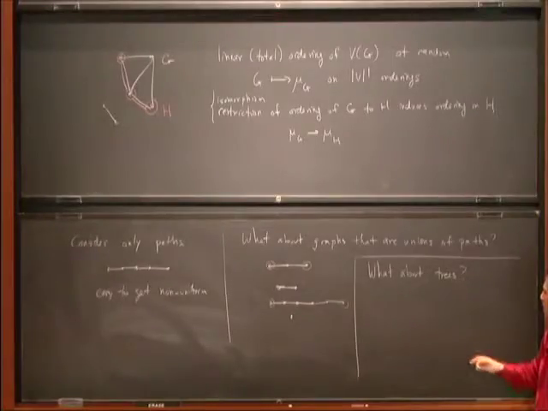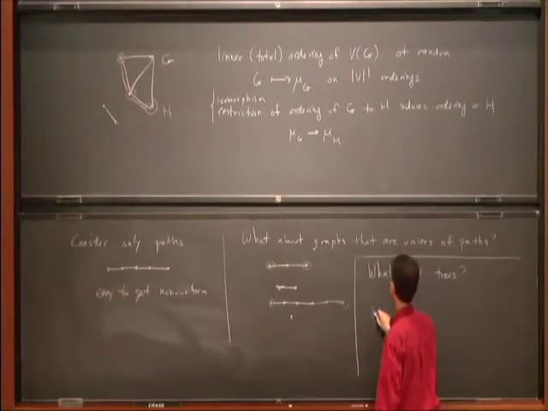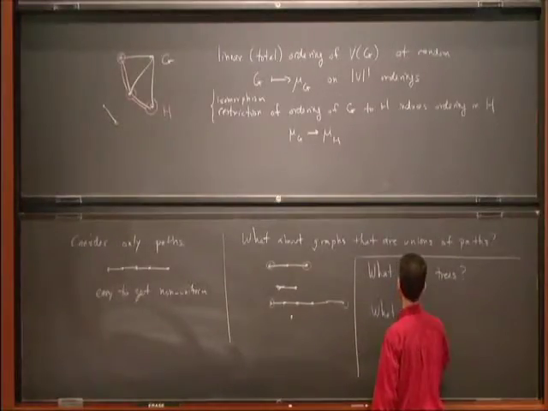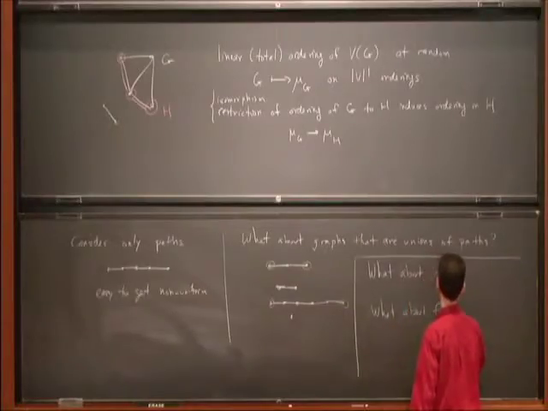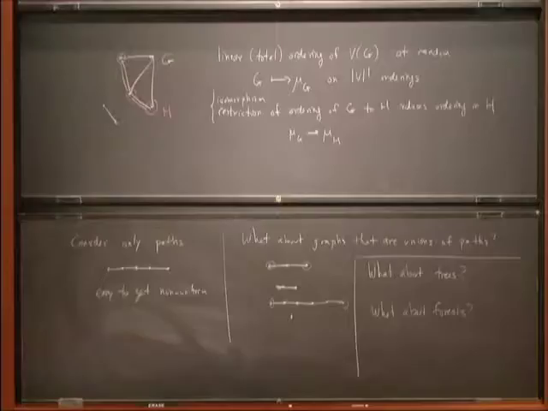Similar to these two, first, again, consider the case of connected graphs, say trees, more general than paths. So paths was easy. What about trees? It can be done. I won't tell you how to do it. But what about forests? I don't know the answer.